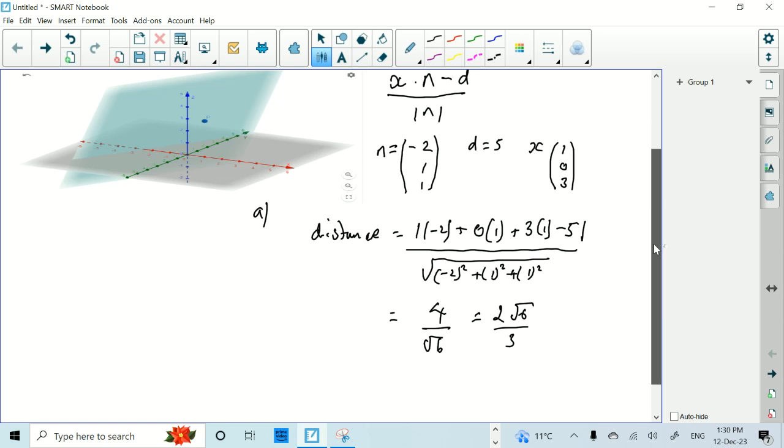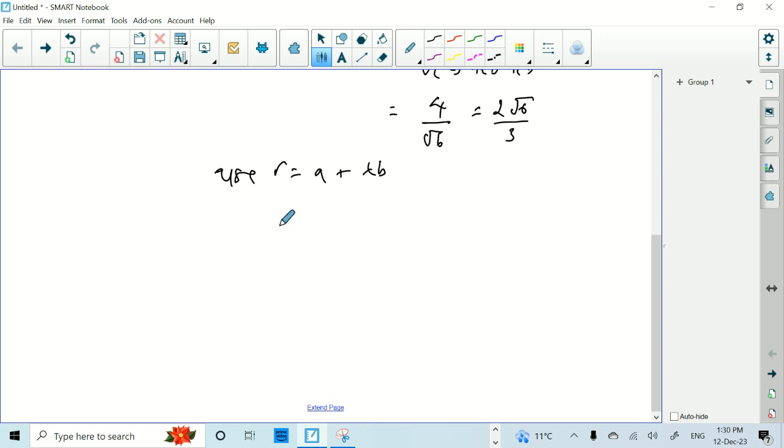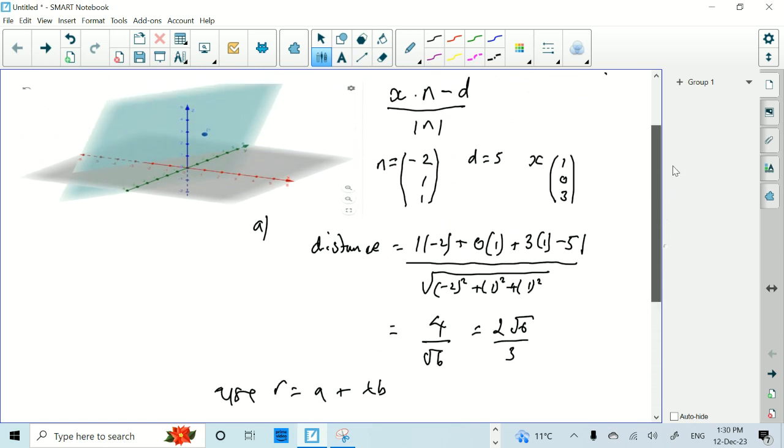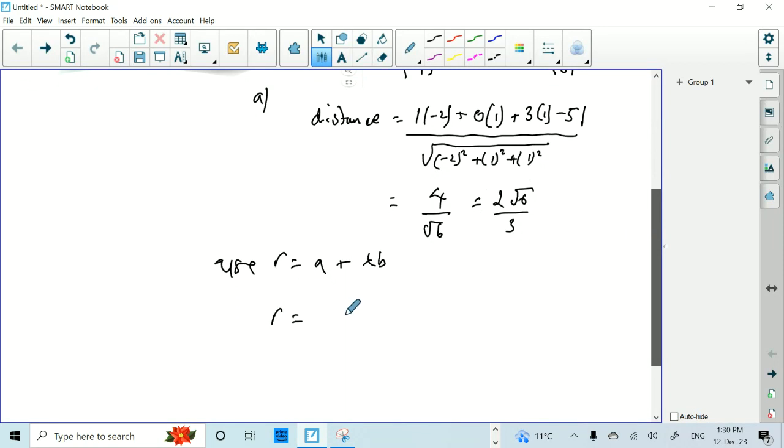Now, I'm going to use r is equal to a plus lambda b, going back to our first lesson really, and I extend the page. And r will be equal to, well, our position vector here will be 1, 0, and 3, which is the point P.